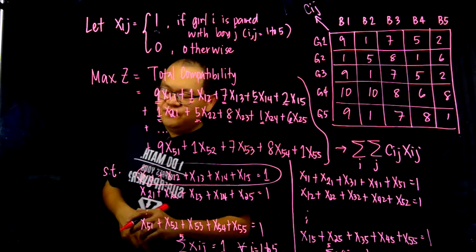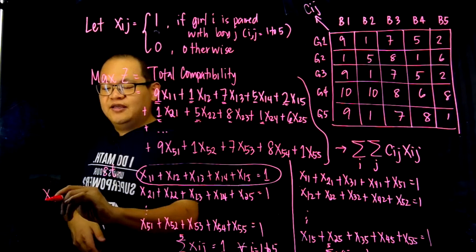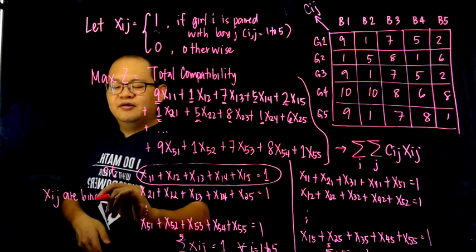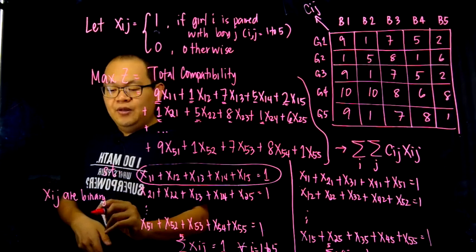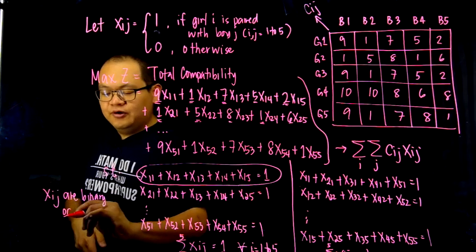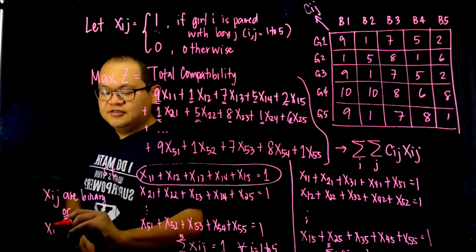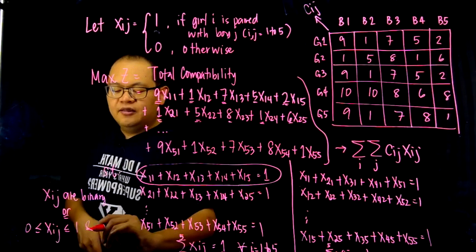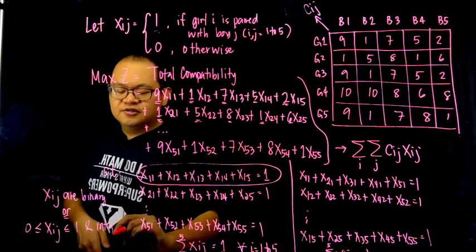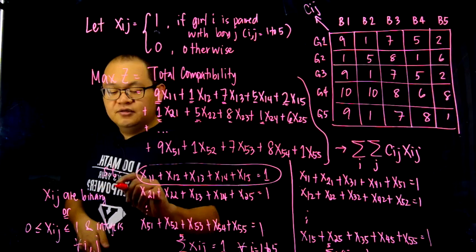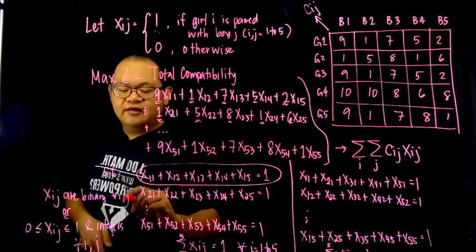And finally, obviously, we have to write that xij are binary. Or, if you want to be technical about it, you write xij is between 0 and 1 and integers for all i and j. So this is also for all i and j.